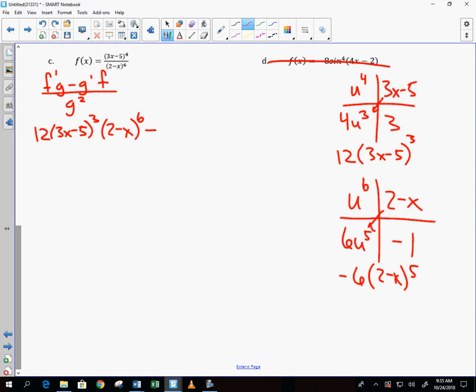So that's going to change the minus to a plus, isn't it? So plus 6 times 2 minus x raised to the 5th power. Then what? 3x minus 5 raised to the fourth power. All over, holy shnikes.